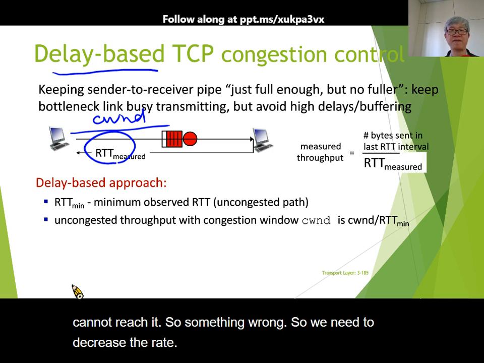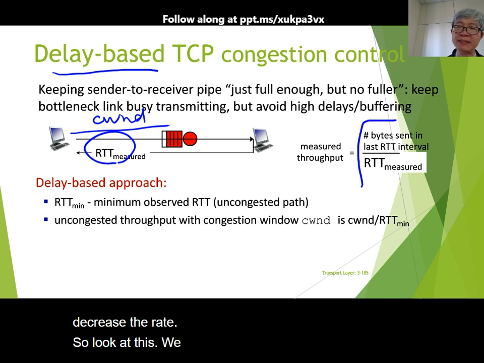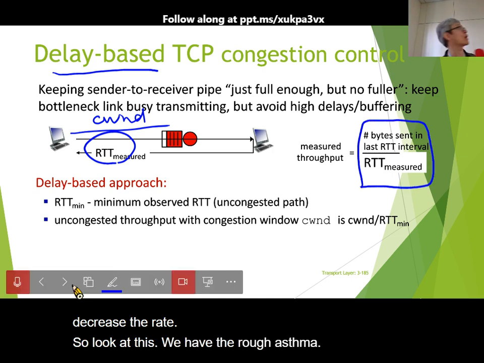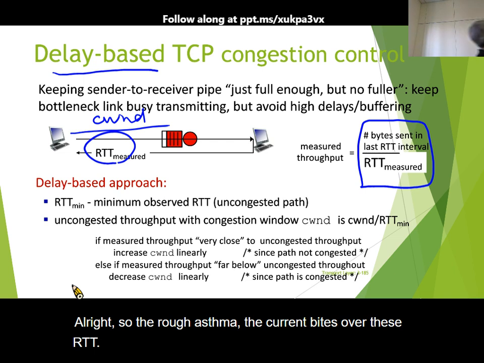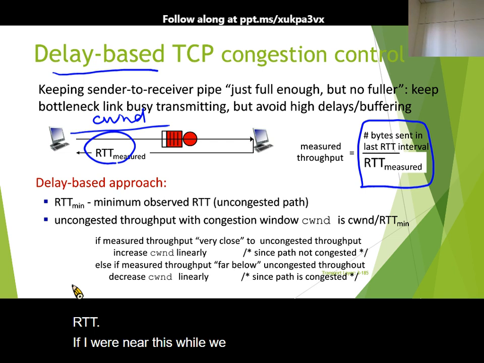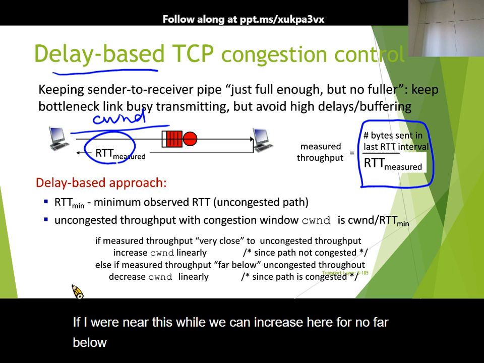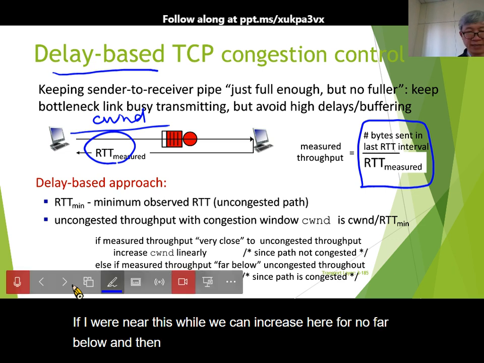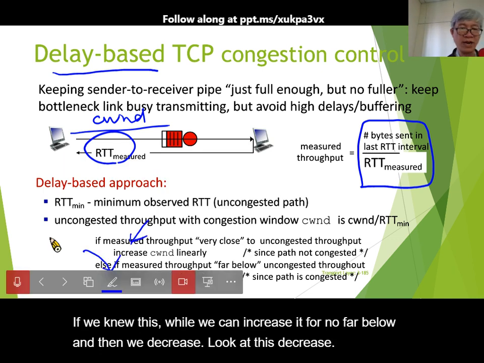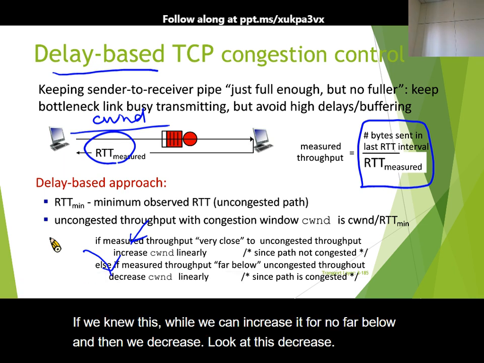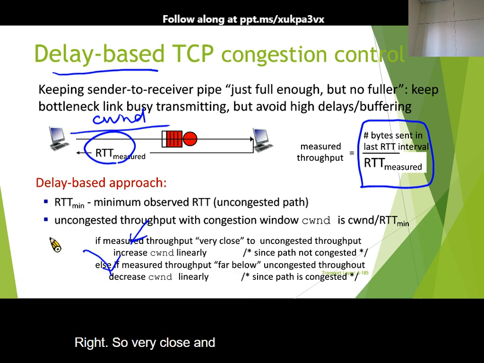So look at this. We have the rough estimate: the current bytes over the RTT. If we are near this one, we can increase. If we are far below, then we decrease. Very close, and then we can increase because we think there is no congestion.